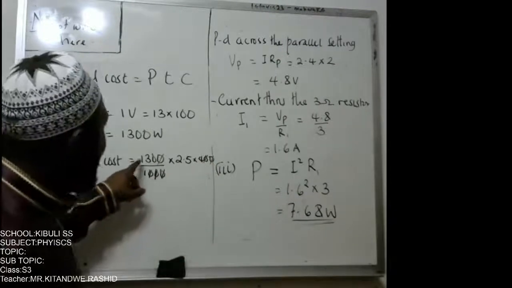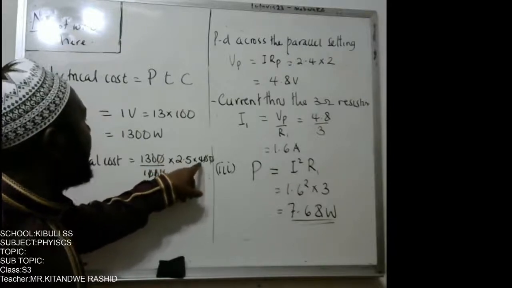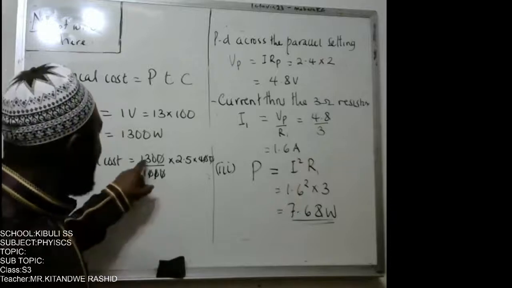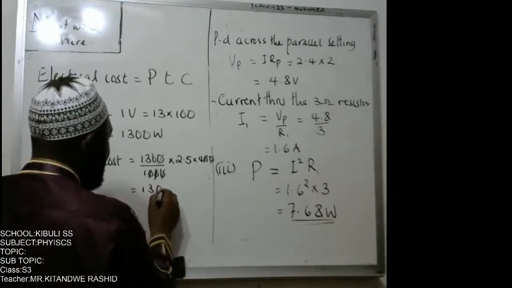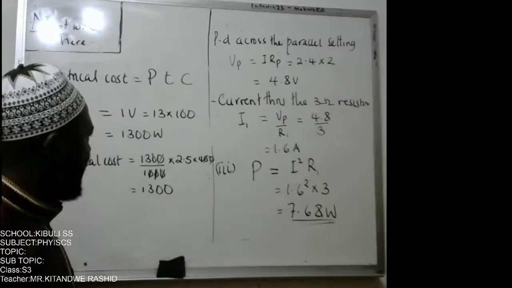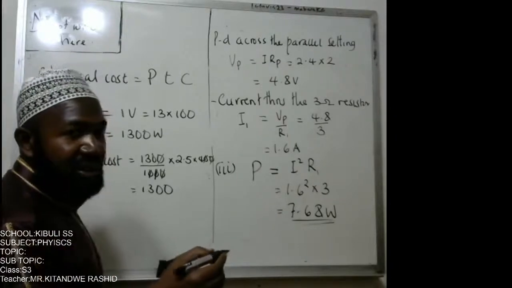So it is 1.3 times 2.5 times 400. 4 times 2.5 is already 10, and 10 times 1.3 is 13, so I only add another 0 and get 1300. And was it in shillings?